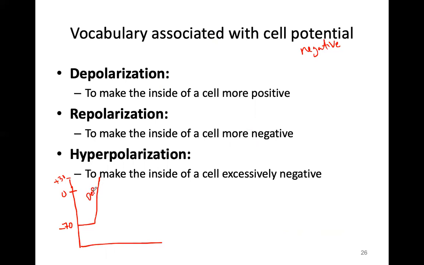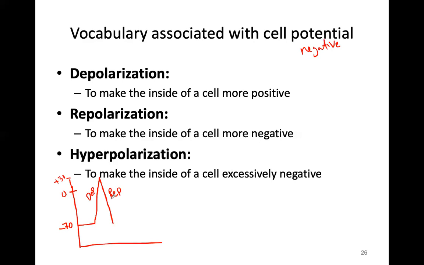Eventually, this depolarization will stop, and you want to start to reverse things back to normal. So as you come down from that positive charge back to that -70 in this scenario, you're making the inside of the cell more negative, and therefore we use the word repolarization, as in you're returning things back to normal, if that helps you.